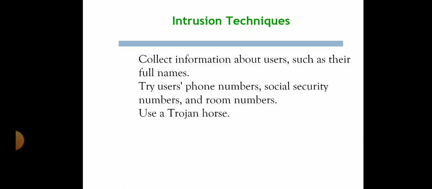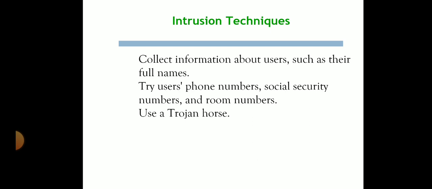They have a set of dictionary words, and by using all those words they try to crack the password. If you want to gain access to the system, you have to collect information about the user, such as their full name, date of birth and so on. Most users use their name and date of birth, or father's name, mother's name, as username or password.